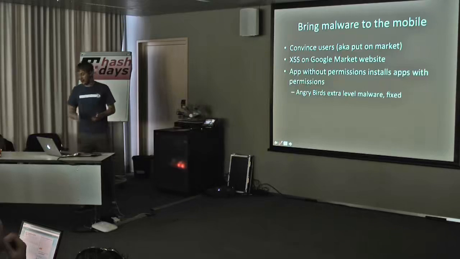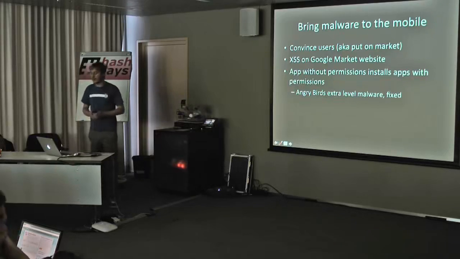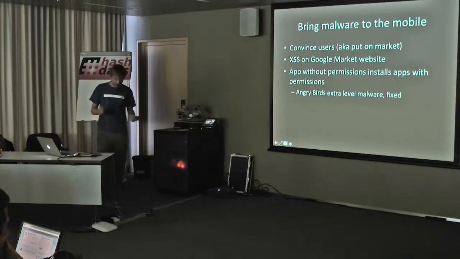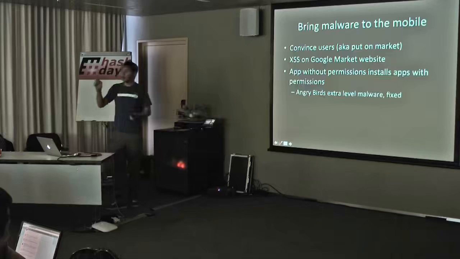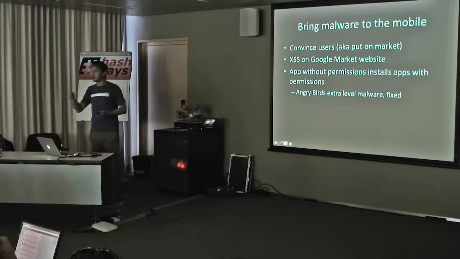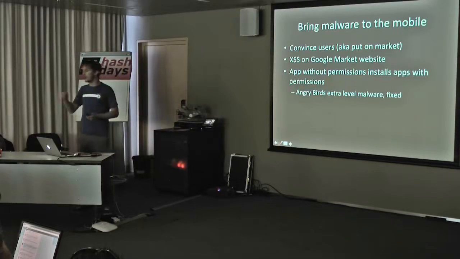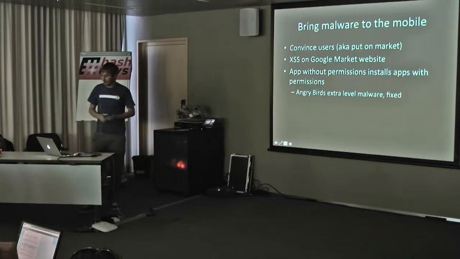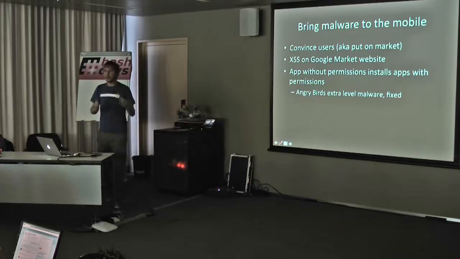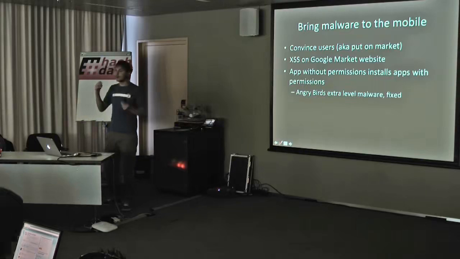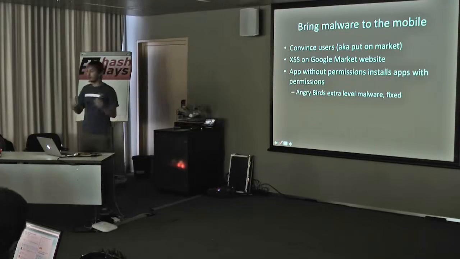Another thing malware does is, if a user installs an app, he has to say, okay, this app can access my SD card and my geolocation and everything. But there are some exploits where, if you already have an app on the mobile, this app can exploit a vulnerability to install another app.